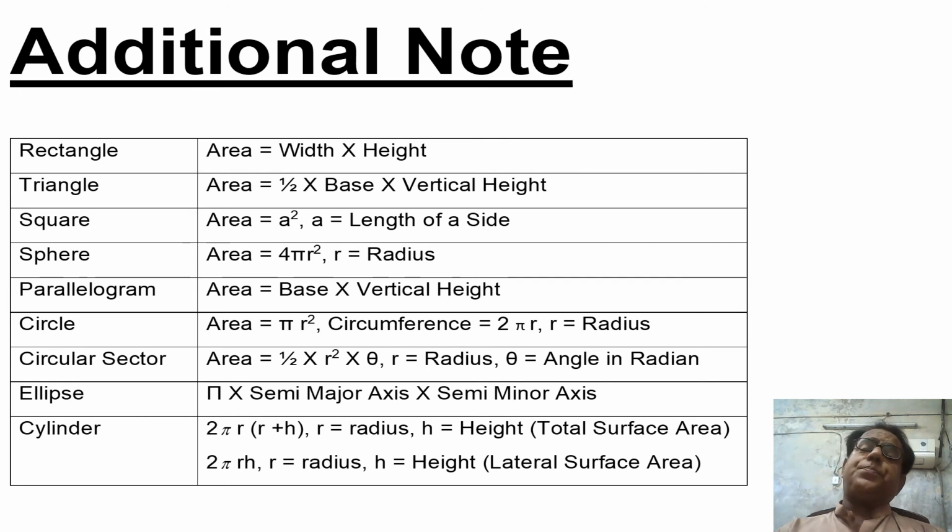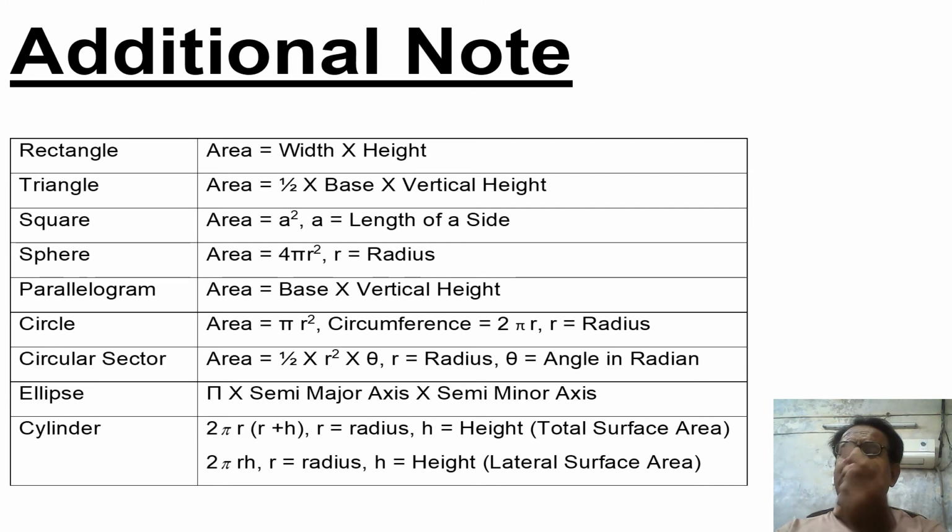Now, area of a circular sector is equal to half into r square into theta, where r is equal to radius and theta is equal to angle in radian. Ellipse, area of ellipse is equal to pi into semi major axis into semi minor axis.